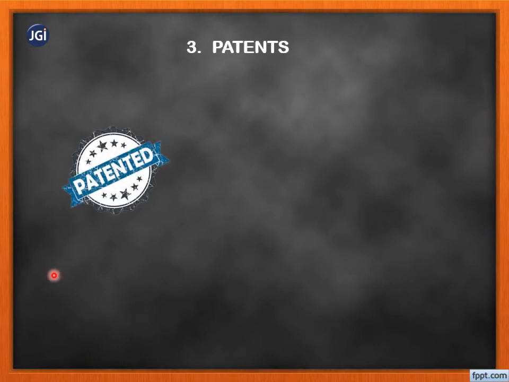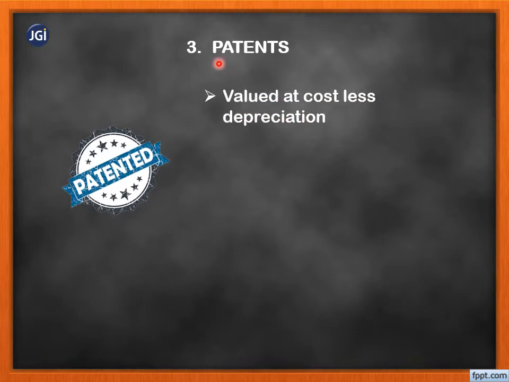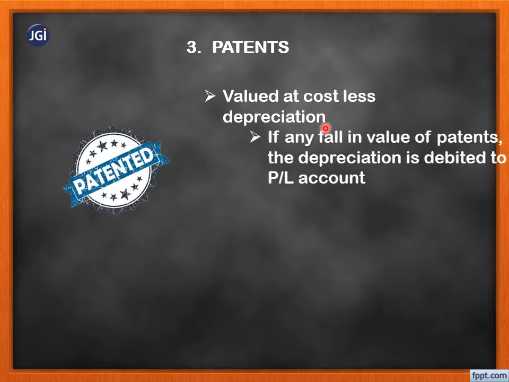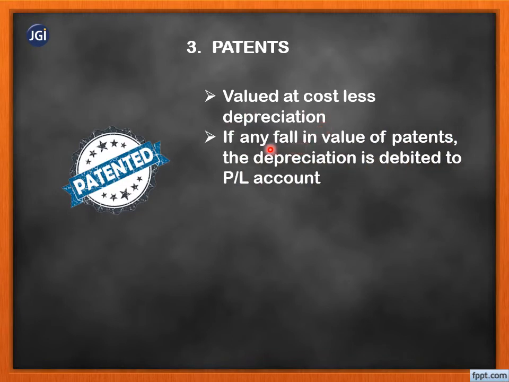Then we have patents. Patents are recorded on the asset side of the balance sheet and they are intangible assets. An auditor should see that the patents are valued at cost less depreciation. If the patents are revalued at the end of the year and if there is any fall in the value of patents, the depreciation is debited to the P&L account.